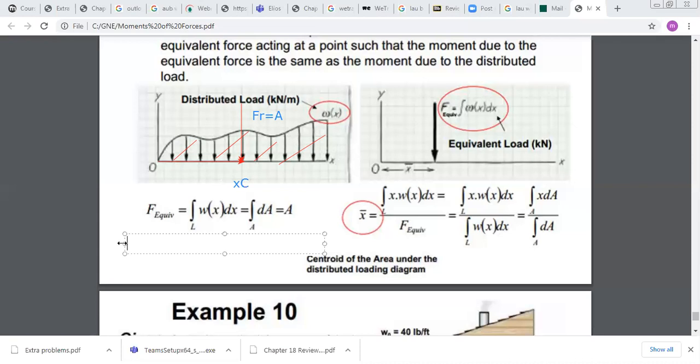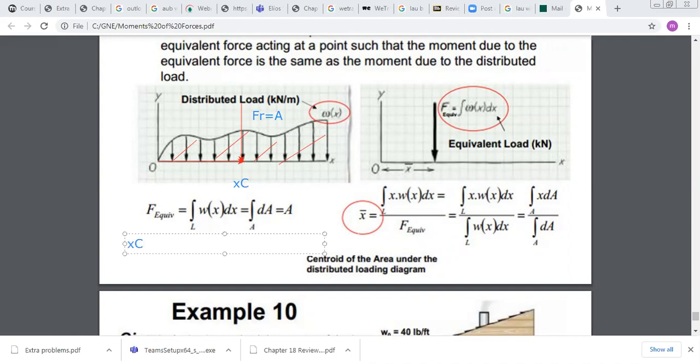If you want to find the centroid of an area, what you should do is the following. If you have here an arbitrary function, then you can say, if I want to find the location of the center of this area, I should do this. The formula is the following.